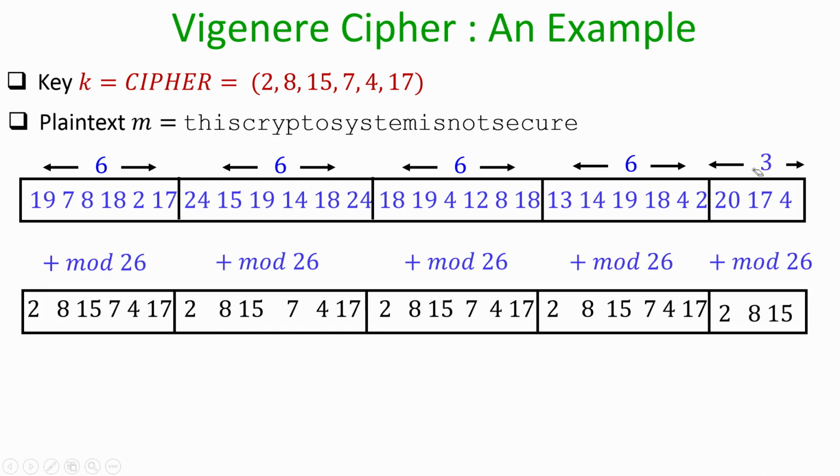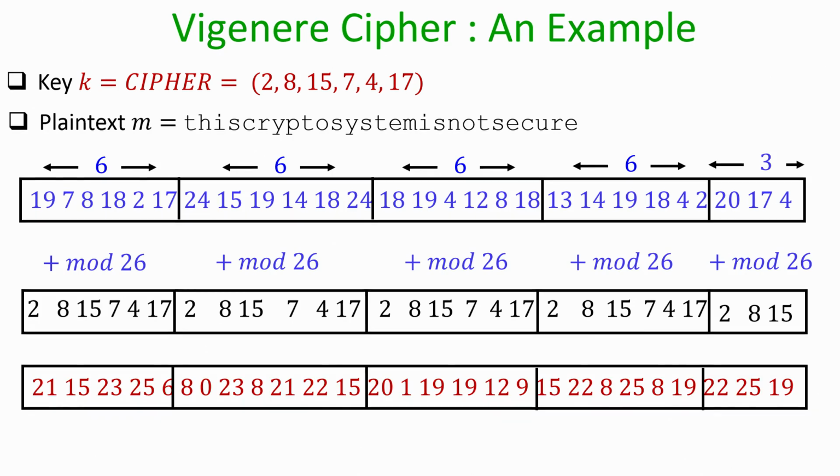Now, we encrypt the first block as follows. The key for our example is the string 2, 8, 15, 7, 4 and 17. We add these numbers to the block 19, 7, 8, 18, 2 and 17, and each addition is performed modulo 26. Namely, the character 19 gets shifted by 2, and since we are not crossing the range 0 to 25, we obtain 21.